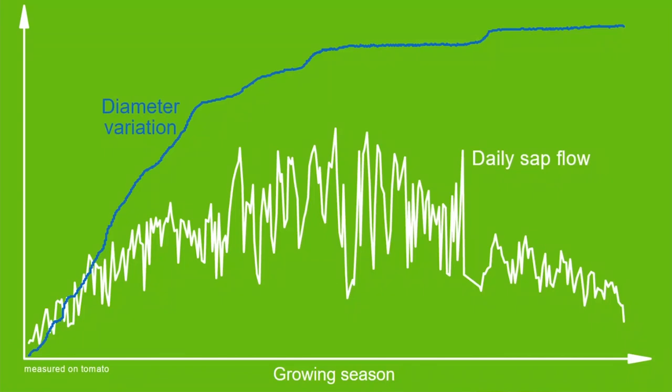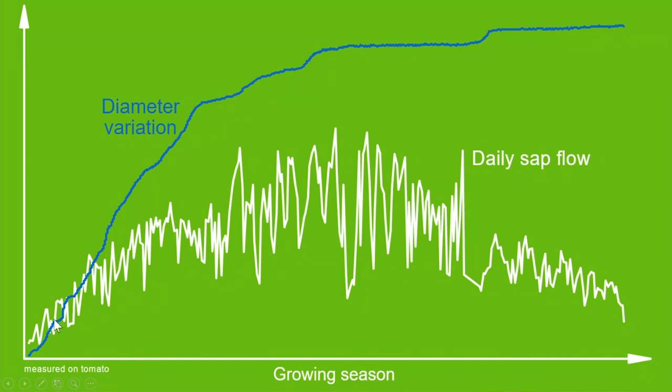It's as such that we can see a plant is healthy and is not weakening itself. For the daily sap flow, we can see that it's really during summer that we have the highest sap flows, but also the highest variations between dark days and sunny days. So it's really important in this period that the plants are guided well through this period.